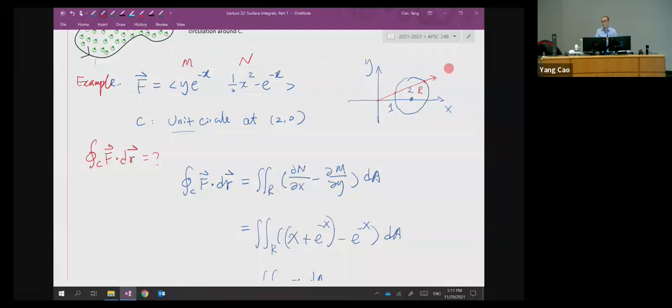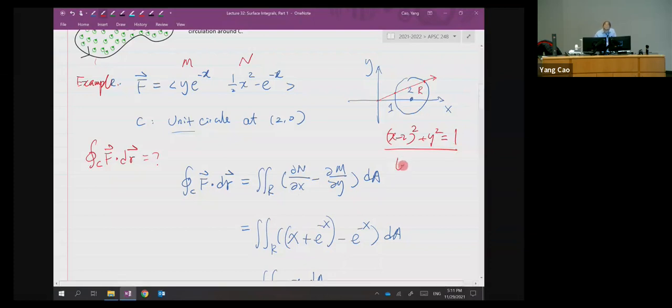Change of variables. So this circle here is (x - 2)^2 + y^2 = 1. Very good. If you directly apply polar coordinates to this circle, it's almost impossible.